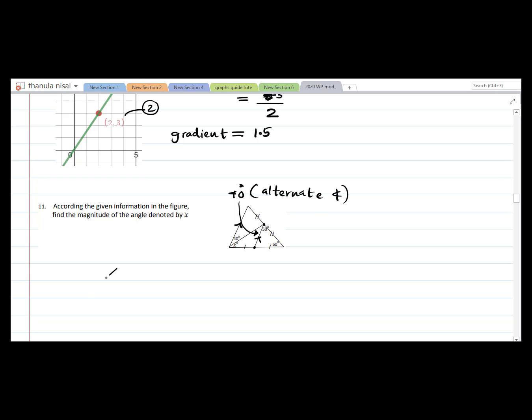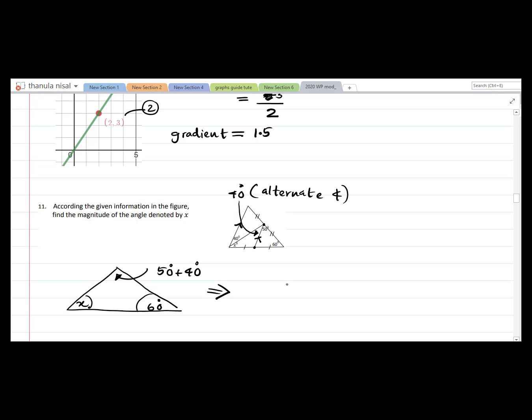Then consider this triangle. X is there, 60 is there. Here you can find 50 plus 40. Now consider this triangle.